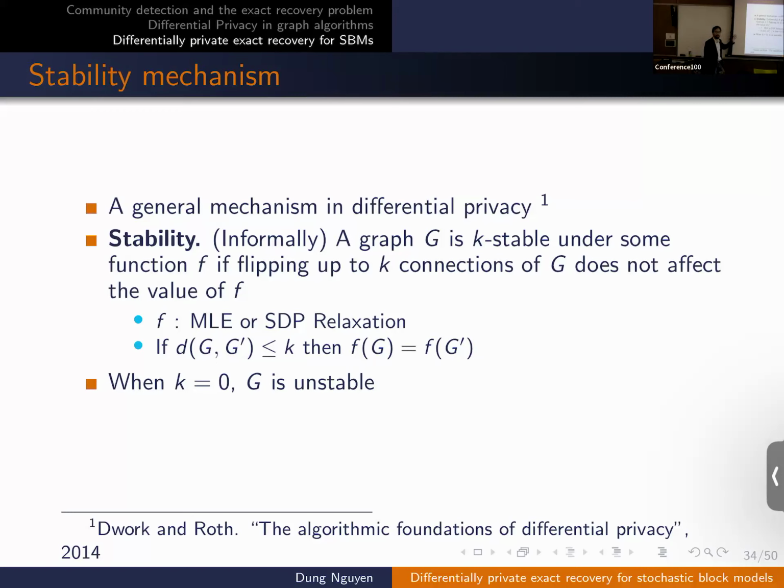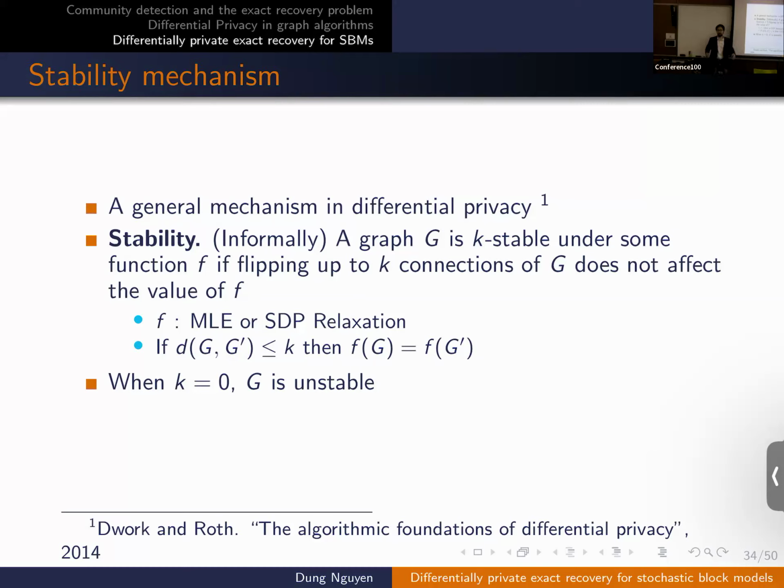So we define the stability as the distance from a data set to the nearest unstable neighbor. We call a graph k-stable if flipping up to k connections of the input graph G still doesn't change the output of some function f.